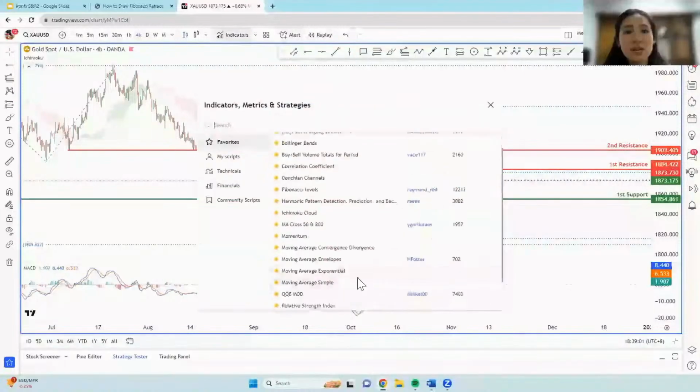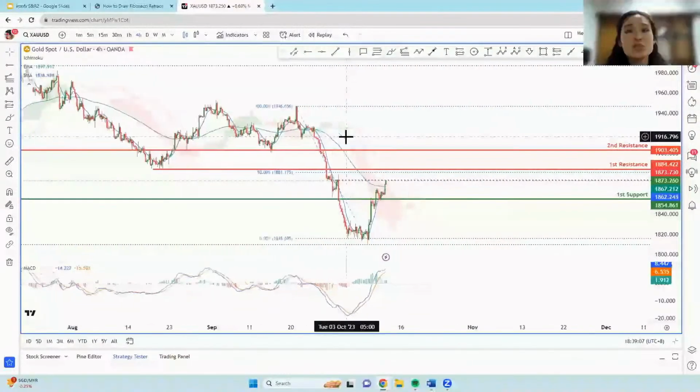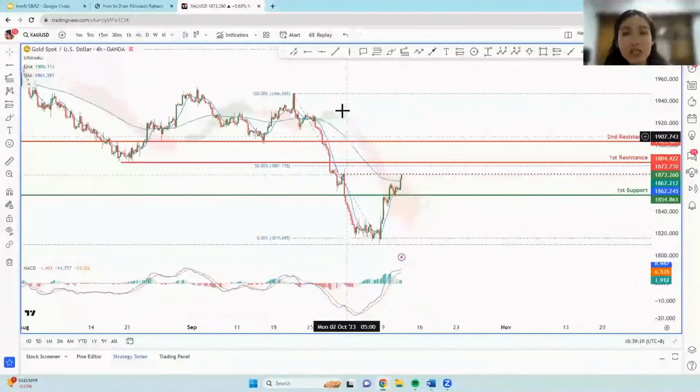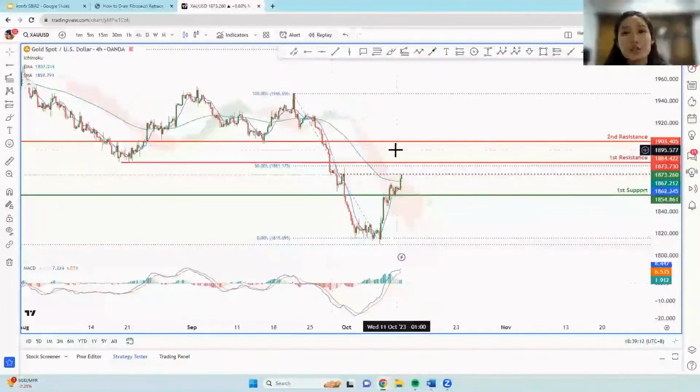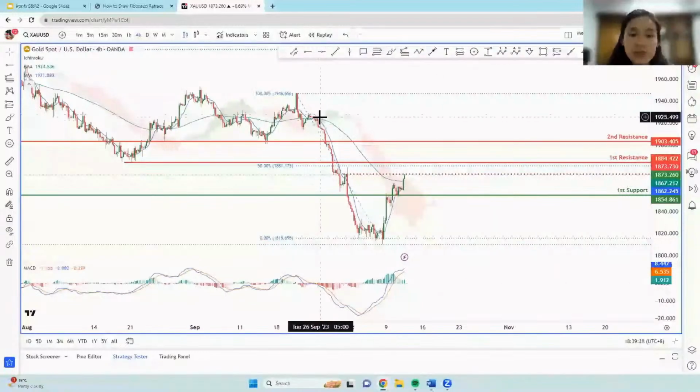Now let me pull out my exponential and simple. So I like to use these two because not only can I check each indicator at the same time, but also I can see that when there is a crossover, that typically suggests that the trend is reversing, or that the trend is changing.